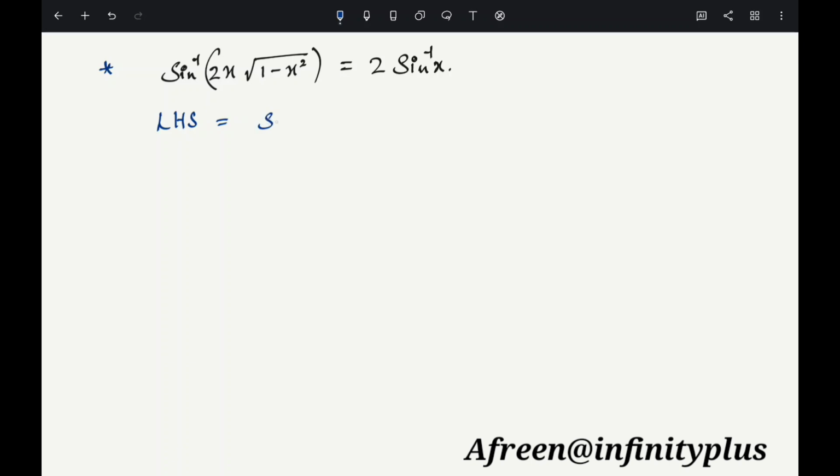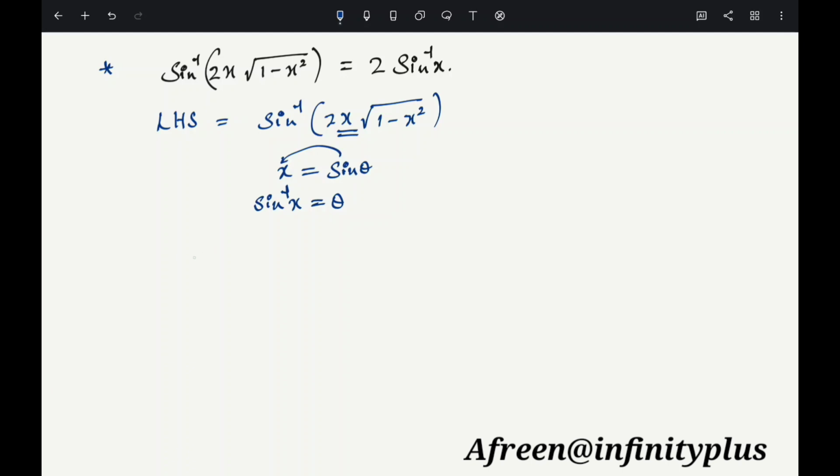Now the LHS is sin inverse of 2x into root of 1 minus x square. Here you can substitute another value for x. So I will take x equal to sin theta. If I take sin to this side, it becomes sin inverse of x, which is equal to theta. Now wherever x is there, you can substitute it as sin theta.